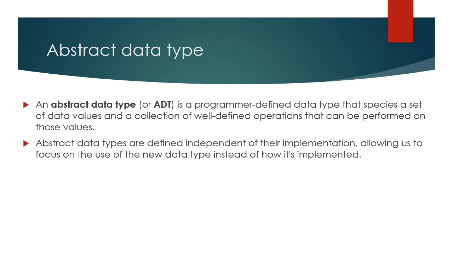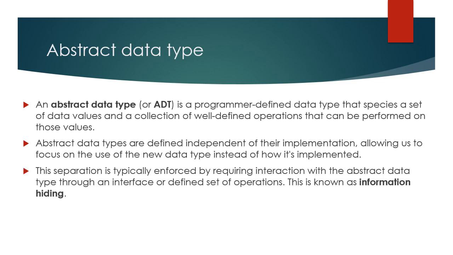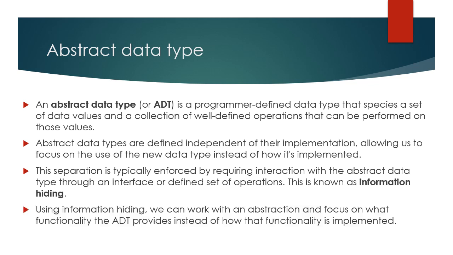Abstract data types are defined independent of their implementation, allowing us to focus on the use of the new data type instead of how it is implemented. This separation is typically enforced by requiring interaction with the abstract data type through an interface or defined set of operations. This is known as information hiding.